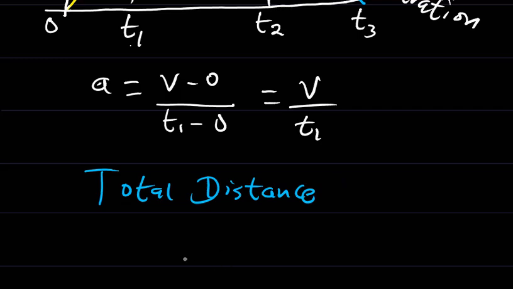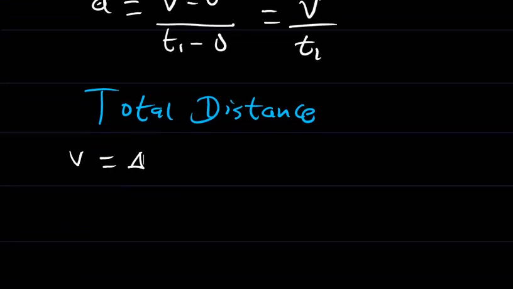Remember from the formula, we know that velocity is equal to displacement over time, which, as far as rectilinear motion is concerned, is the same as distance. So we have delta x divided by t.